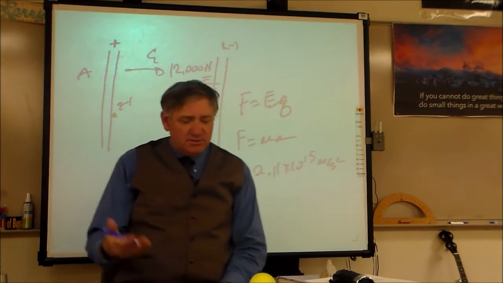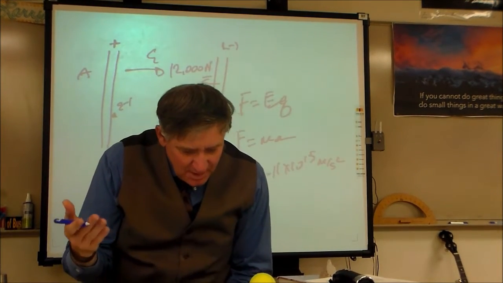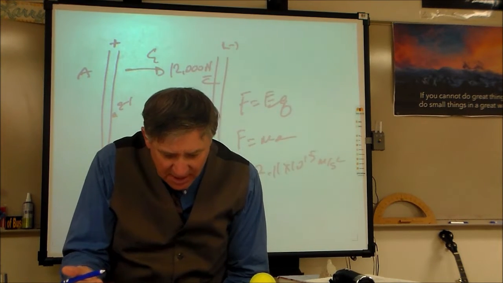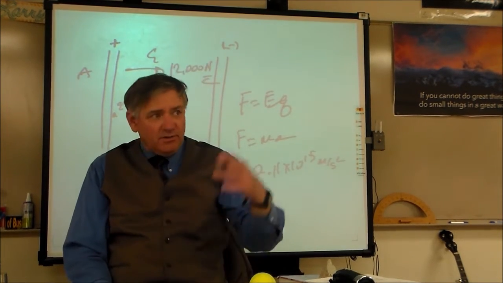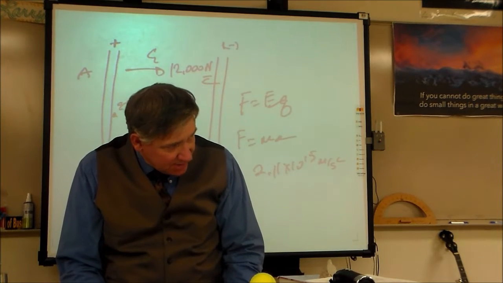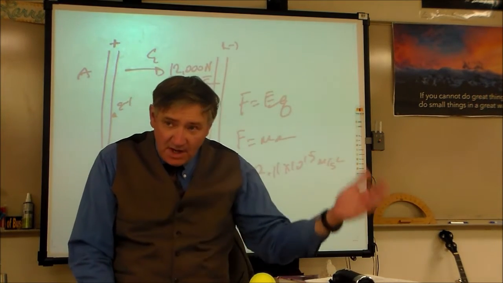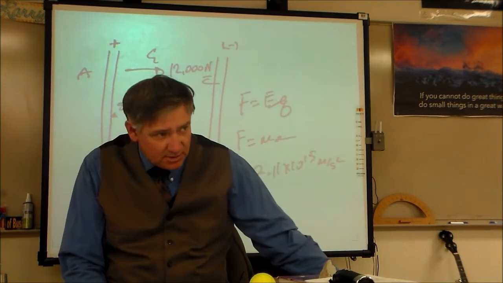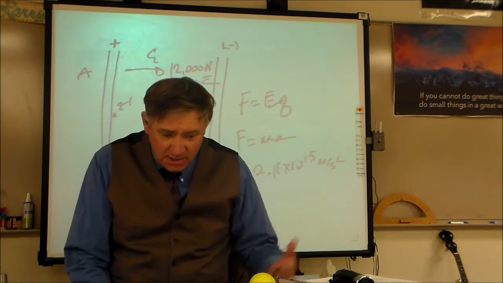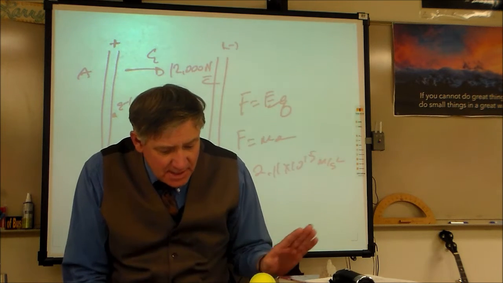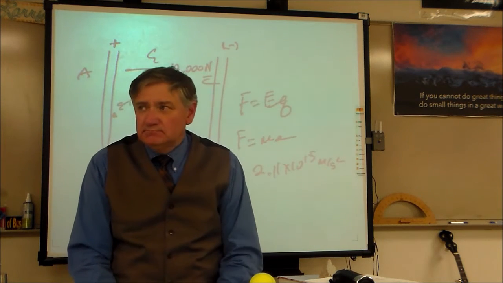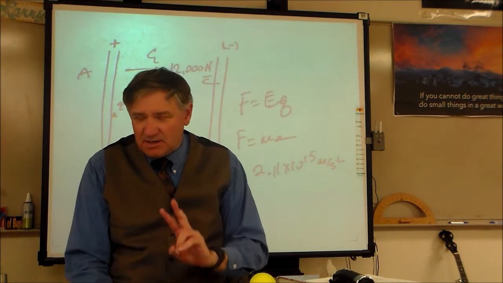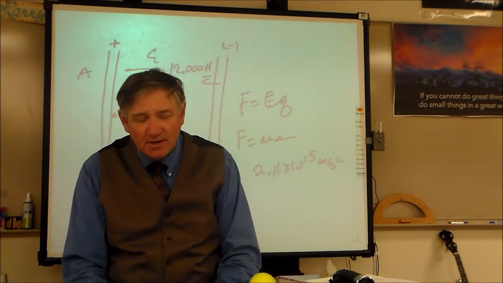So if you're shooting this thing at 2.0 times 10 to the 7th meters per second, and you realize that it's an electron, you know your final velocity on the other side has to be less than what you started. So since it's going to be slowing down, you can eliminate D and E, okay? Can't be either one of those answers, but those are the answers that a lot of you had.